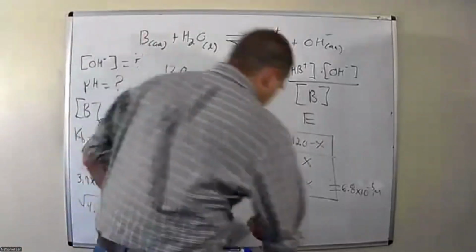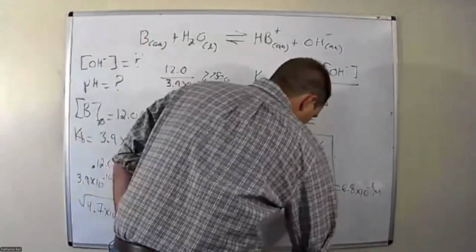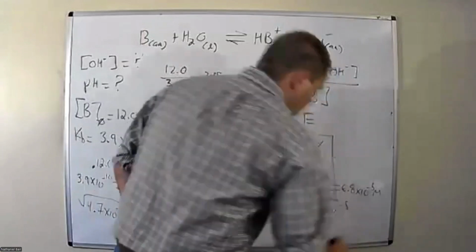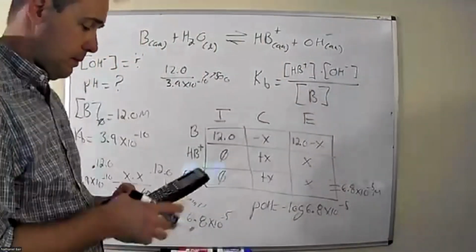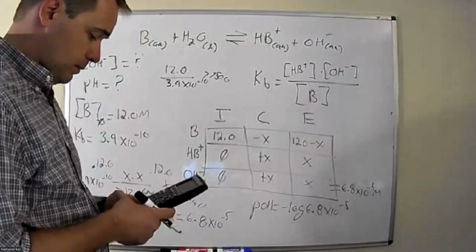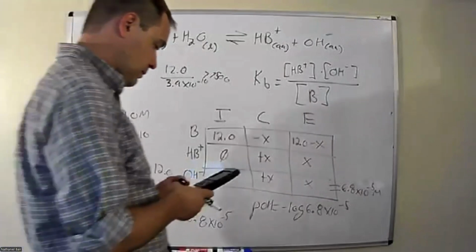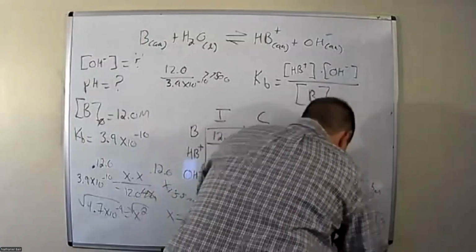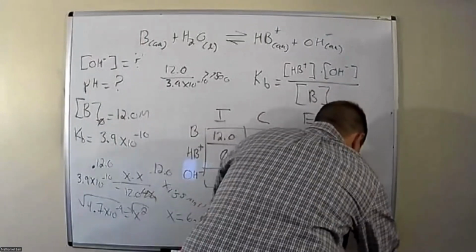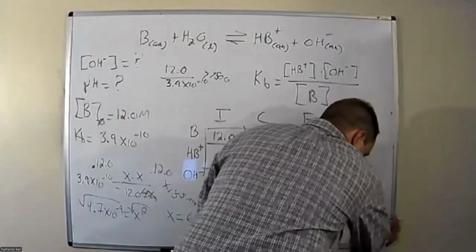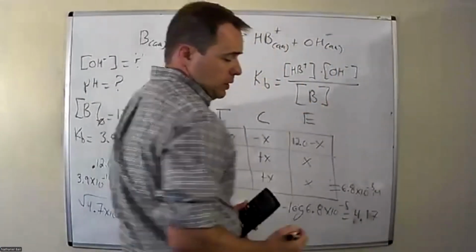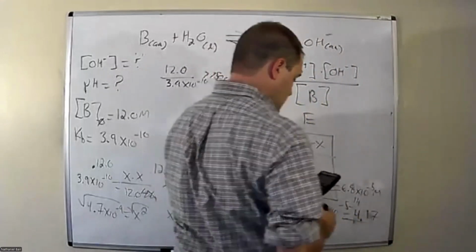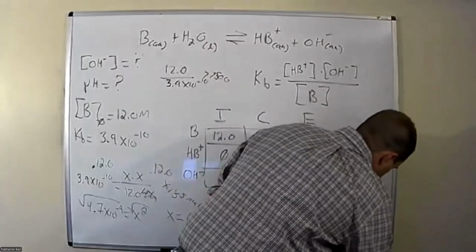My pOH is the negative log of that hydroxide ion concentration. 4.17 is my pOH, and then 14 minus 4.17 is 9.83.